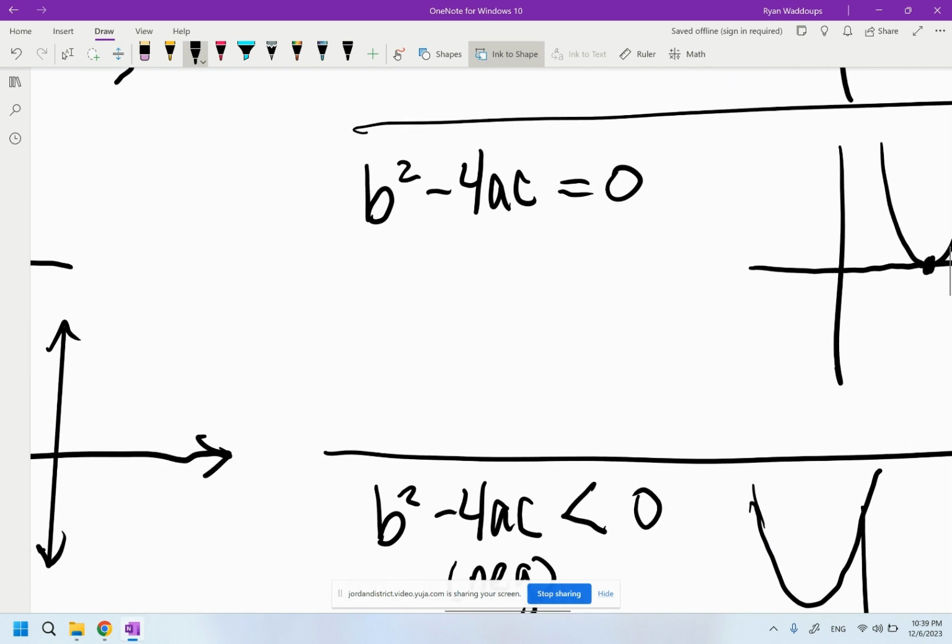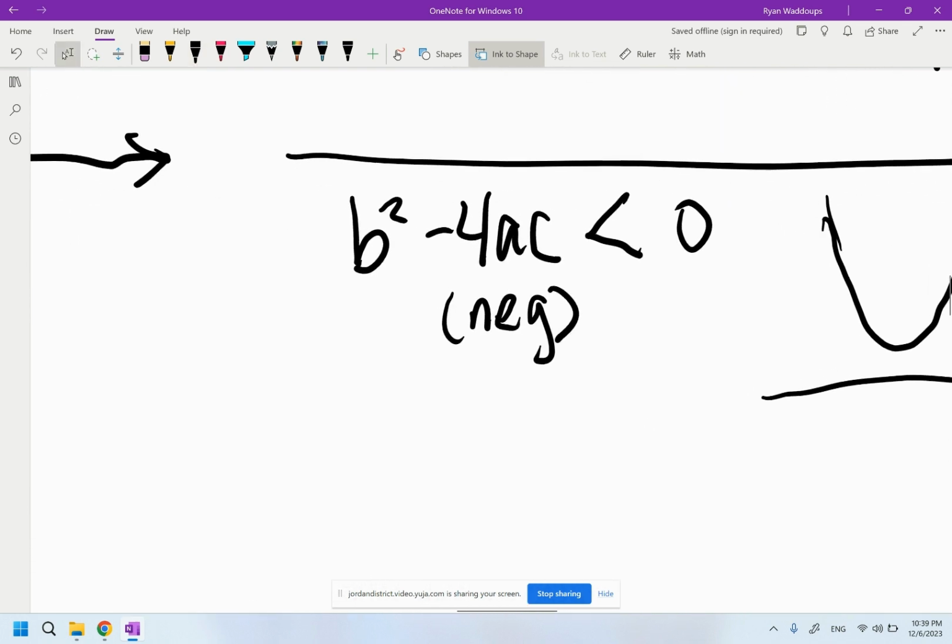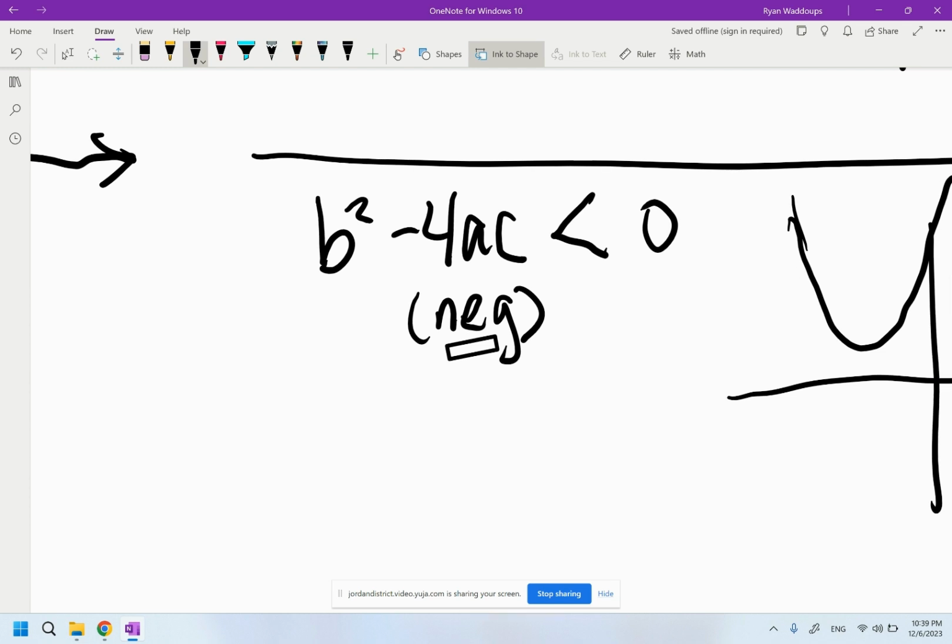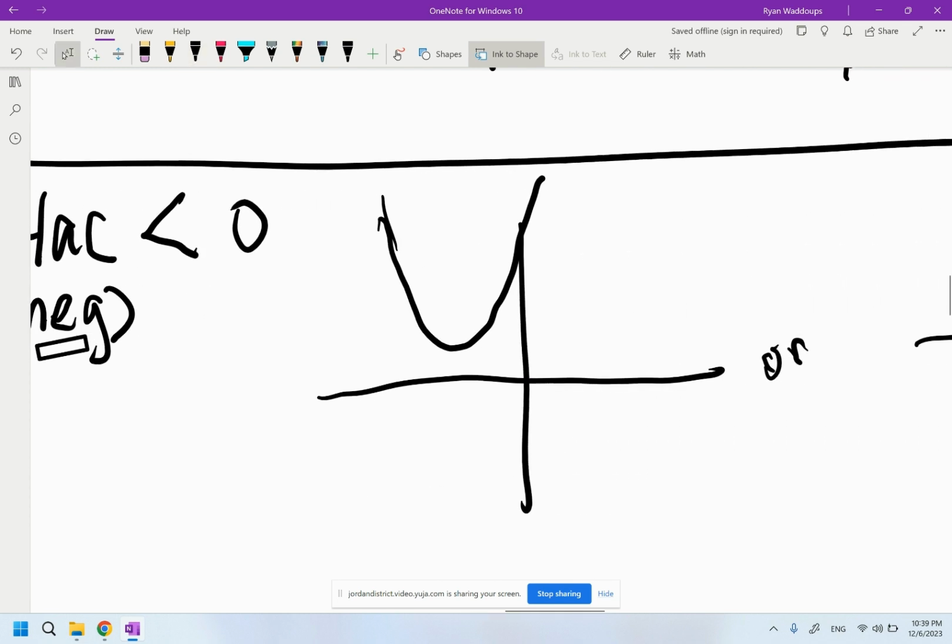And then we have the scenario where your discriminant b squared minus 4ac is less than 0, which is a way of saying it's negative. When you evaluate that, if it's negative, this is what it's going to look like. Your graph, your parabola, if it's above the x-axis, it's upward facing, and it doesn't touch the x-axis at all.